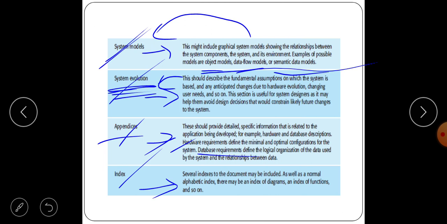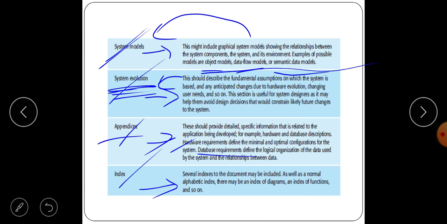We know that at the end of every book you can observe an alphabetical index and a diagram index. In an alphabetical index, suppose it starts from A. Under A, the large technical words starting with A will be present.